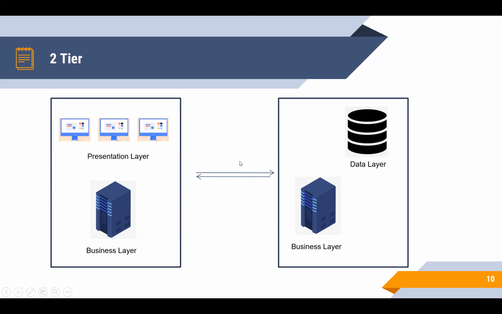So here one benefit you can see directly. Due to some reason, let's suppose some problem happened in the first machine. Your database you have kept in Nagpur and you are using this machine in Hyderabad.